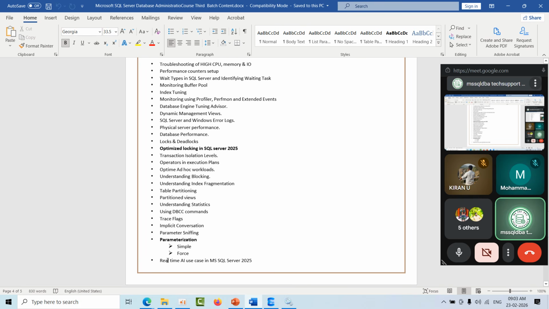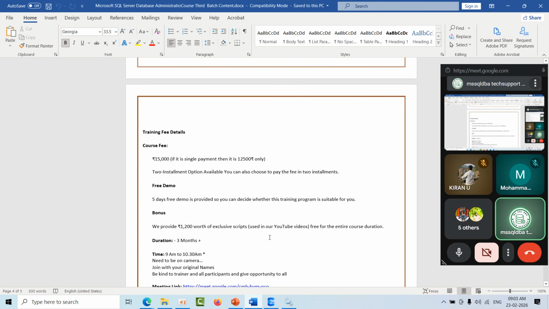These are real-time AI use cases in SQL Server since 2005 was released, so we will use the AI features to keep ourselves updated for the companies. So these are the course contents.